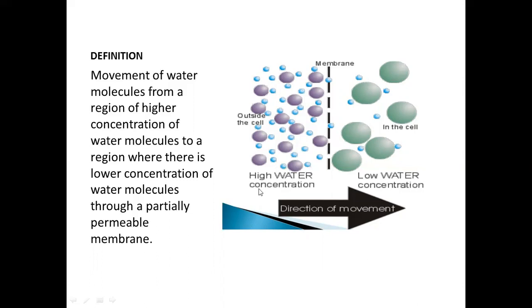You can see over here, a high water concentration region is one in which there are more water molecules as compared to the low water concentration region, and these water molecules are shown by small blue circles. Transfer of water molecules takes place from the high concentration region to the low concentration region, and this process continues until the number of water molecules on both sides becomes equal.